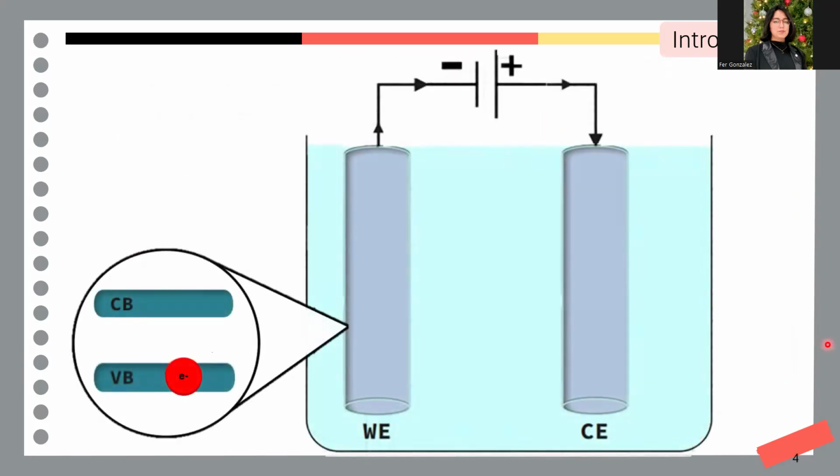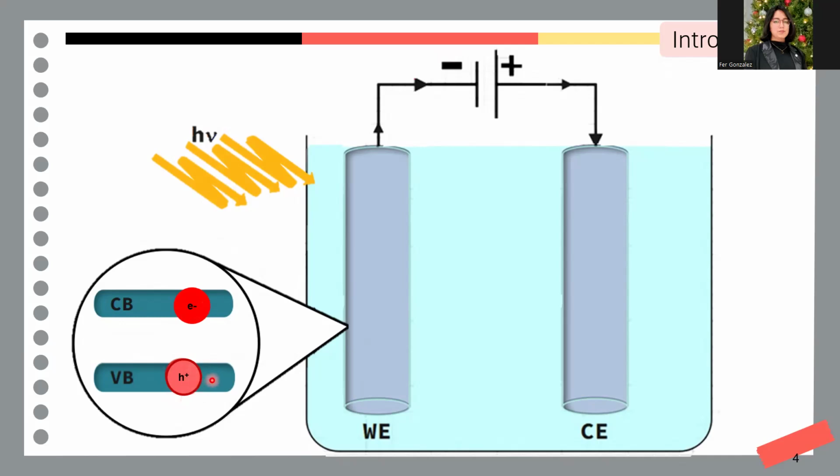The mechanism of operation of this device is: once the light falls on the semiconductor, that is the working electrode in the cell, an electron-hole pair is produced. The electron is excited towards the conduction band, while the hole remains in the valence band of the semiconductor.